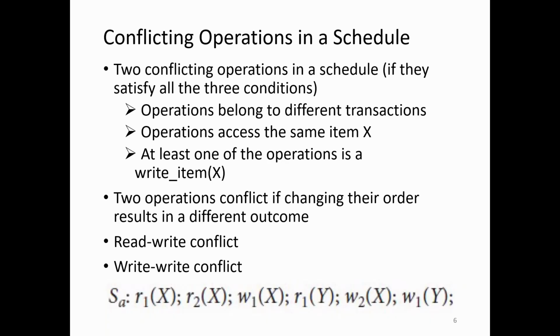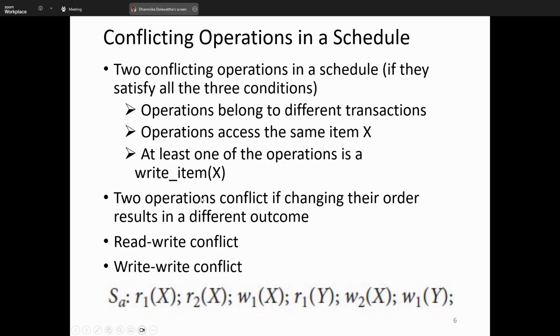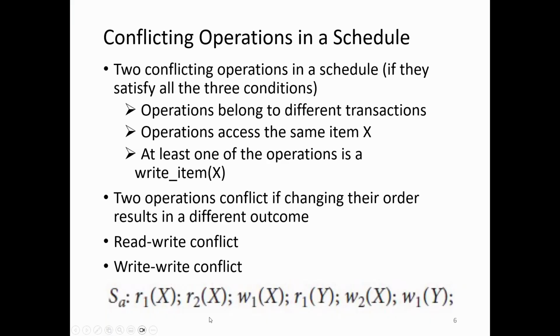Then the operations access the same X, right? The same database item is accessed by both operations. Then at least one operation is write item X, so that condition is also satisfied. Therefore, we say R1X and W2X are conflicting operations.